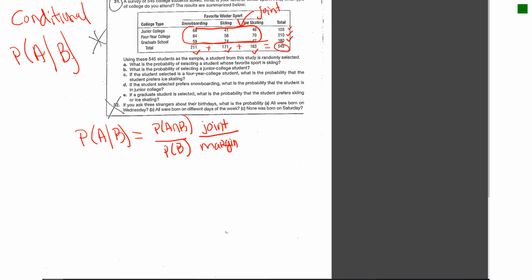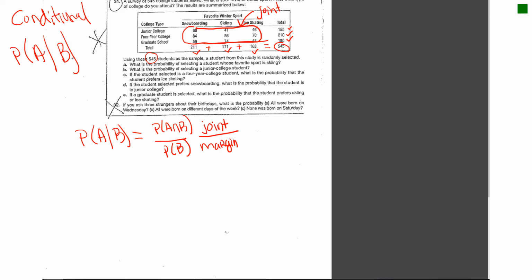You could also add these across: 68 plus 41 plus 46 gets you 155. Take the four-year college, 84, 56, 70, add those across, you get 210, and so forth. Everything should add up to that lower right-hand corner of the table. That's your total sample size, and it says right here you use 545. So keep that in mind.